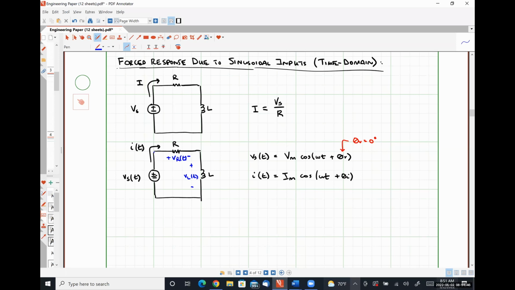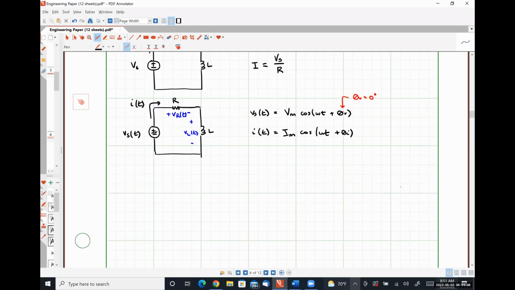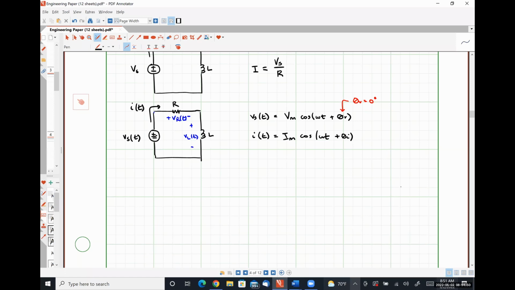And I am going to apply Kirchhoff's voltage law. And doing so, we can find that Vs of t is equal to Vr of t plus VL of t.